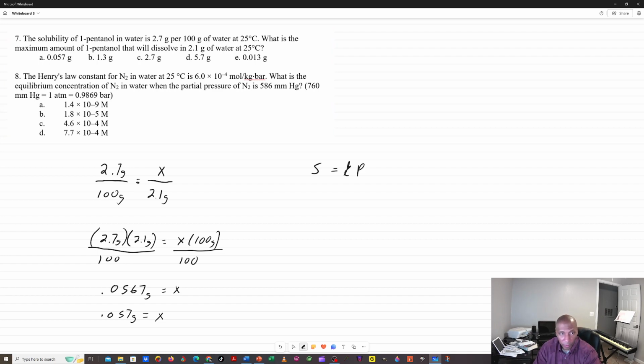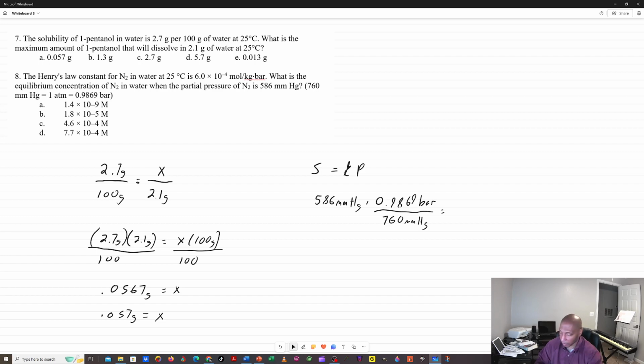So the first thing I'm going to do is take my 586 millimeters of mercury times 0.9869 bar for every 760 millimeters of mercury.